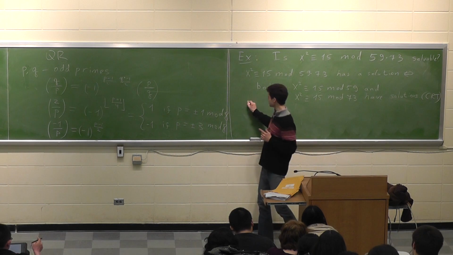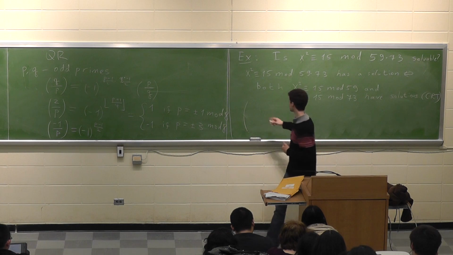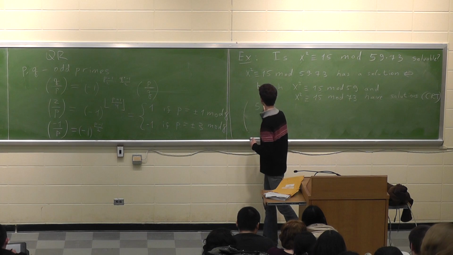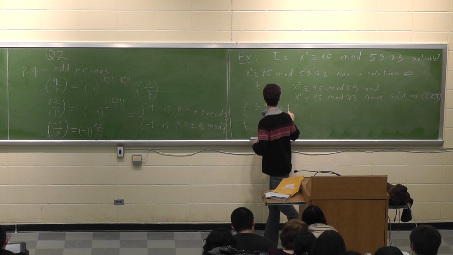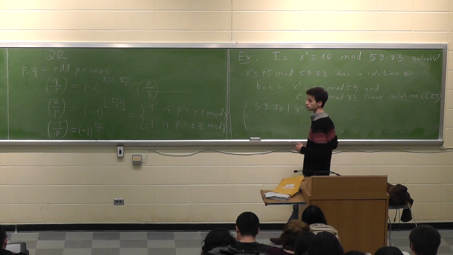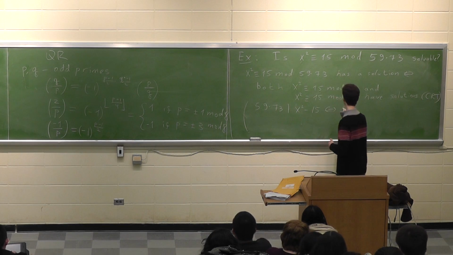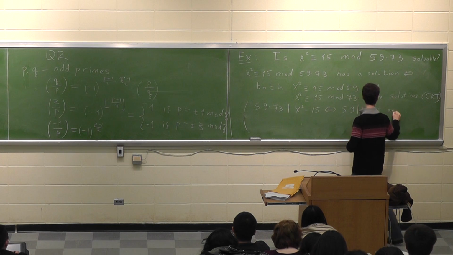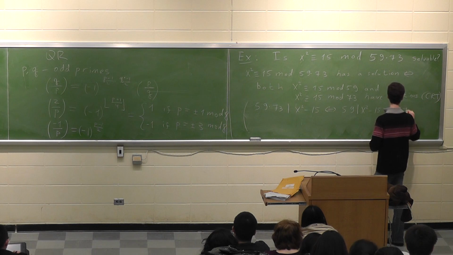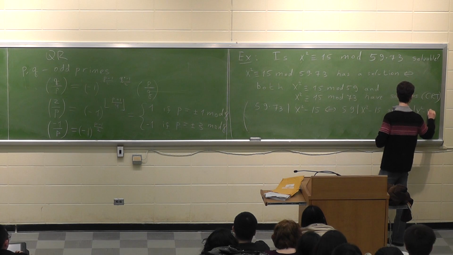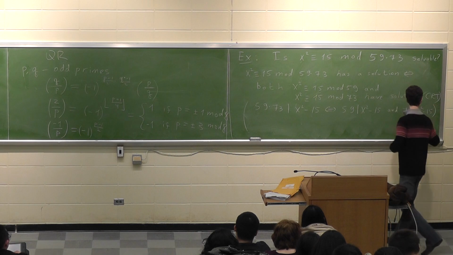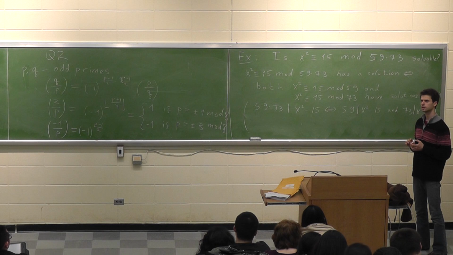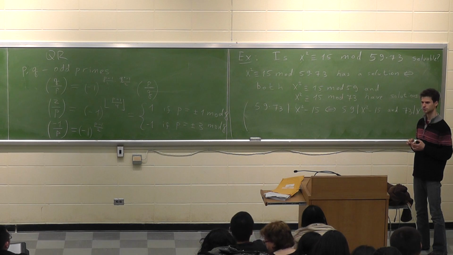Anyway, this is equivalent to saying that 59 times 73 divides x squared minus 15. If you want to leave it, 59 divides x squared minus 15, and 73 divides x squared minus 15. Oh, wait, I see what you mean.